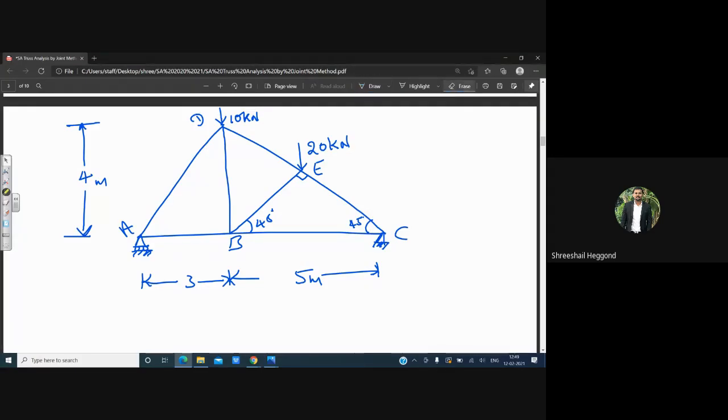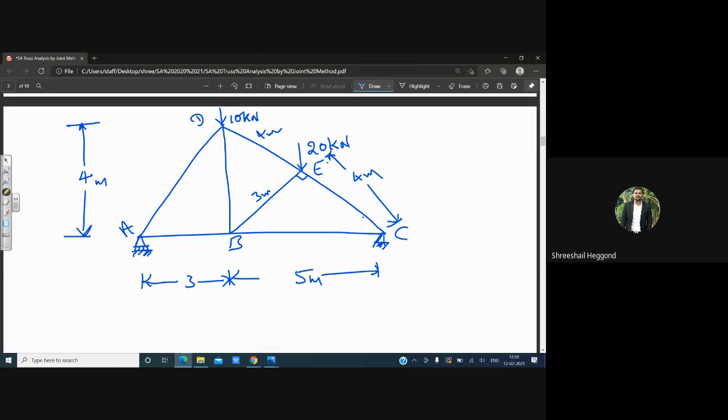Same dimensions. So I'll give dimension only directly. This inclined length will be of 4 meter. And this inclined length will be of 3 meter. And this will be of 4 meter. Now all dimensions are given.